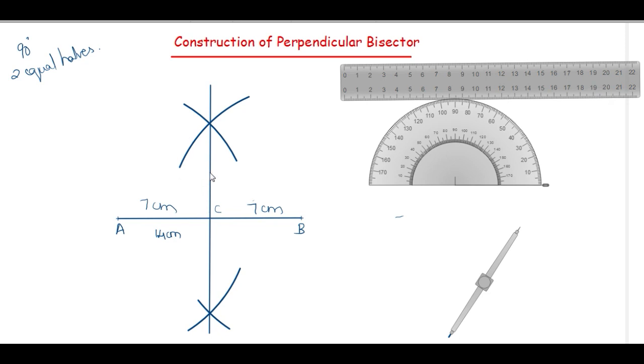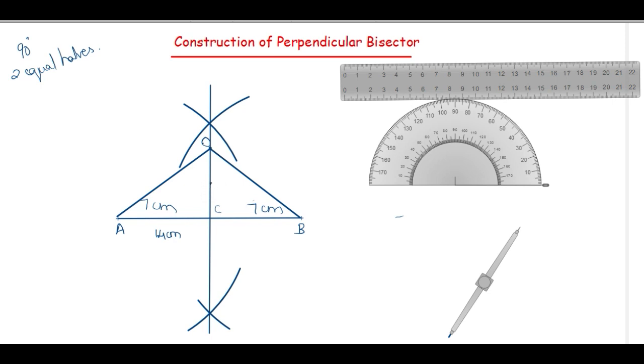One more property of that is, if you take any point on this perpendicular bisector, it will be at an equal distance from A and B. If I take any point on that perpendicular bisector, and if I join A and if I join B, then suppose this point is O, then OA will be equal to OB.